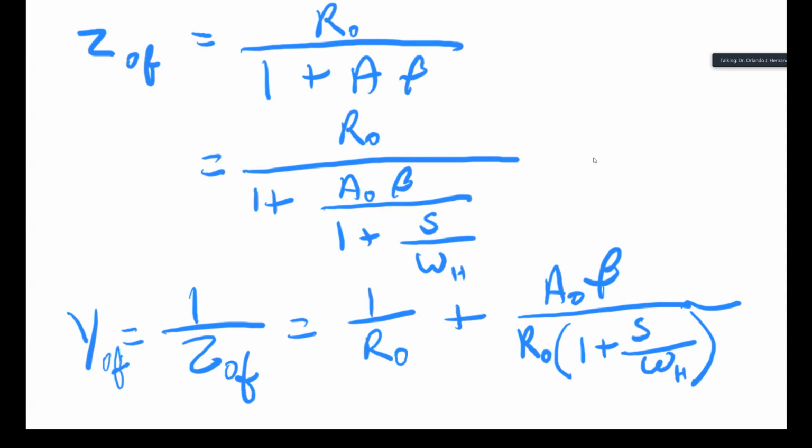That would consist of the output resistance. This expression would consist of an output resistance, and that is going to be in parallel with a series combination of an inductive load and a resistor.